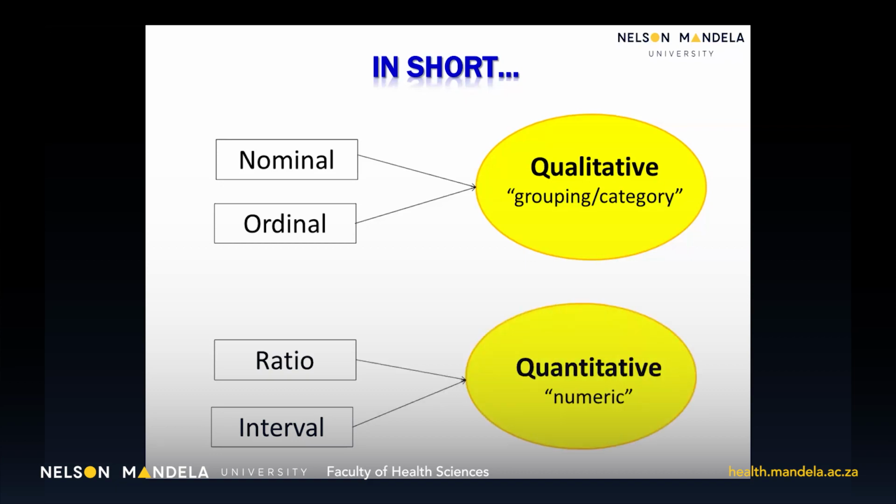However, if your data are numeric, maybe a ratio where zero means something meaningful, or interval, then you are most likely to use a more quantitative statistical analysis, aka the numeric analysis.